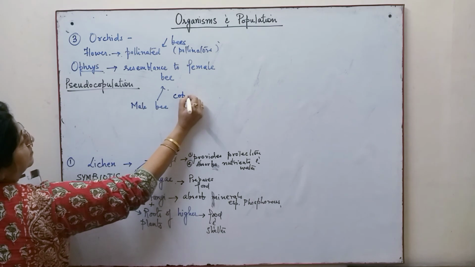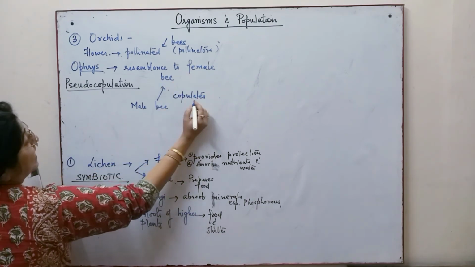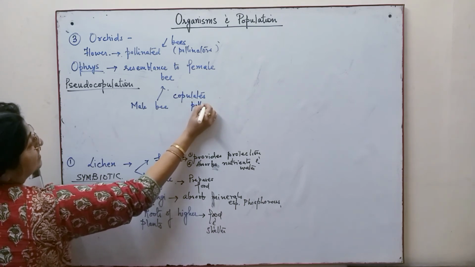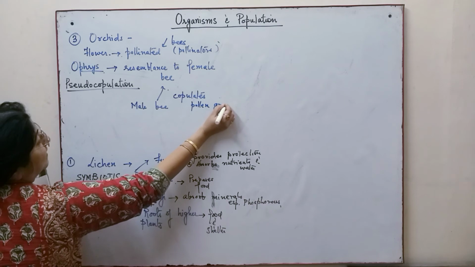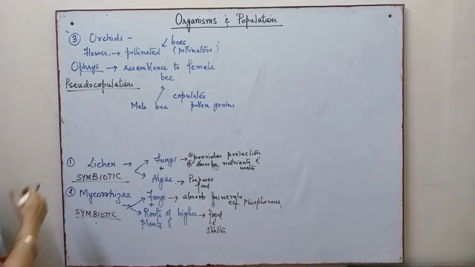copulates, thinking it as a female, it copulates. At the same time, it brings the pollen grains and the pollination takes place. So here, the advantage is both the species are getting the benefit.